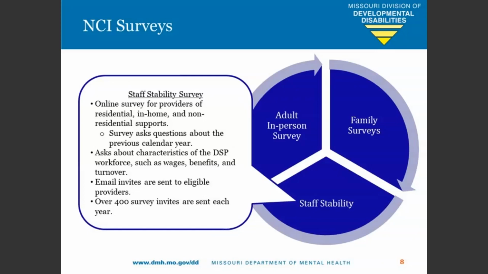We send over 400 survey invites each year, and we need at least 200 employees to meet NCI's minimum for the product. Of course, though, we always want to hit as many as possible. Next slide, please.